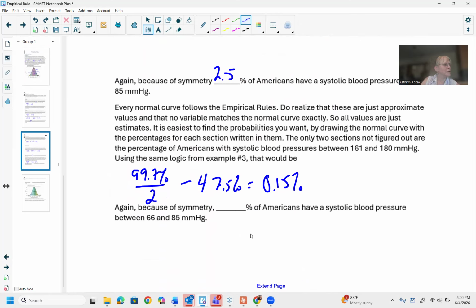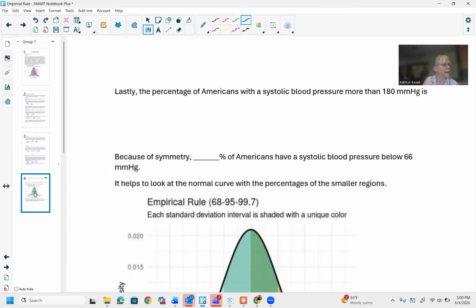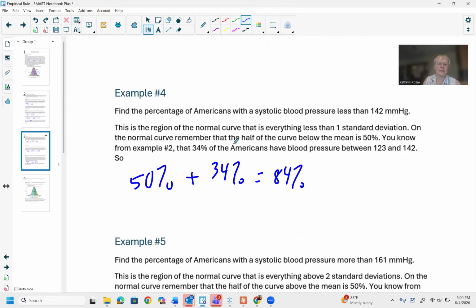Again, because of symmetry, 0.15% of Americans have a systolic blood pressure between 66 and 85. Lastly, the percentage of, I apologize.